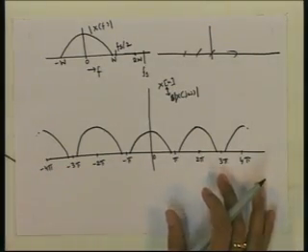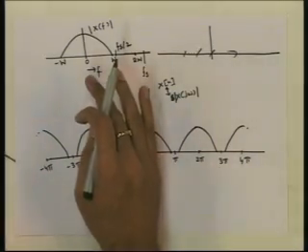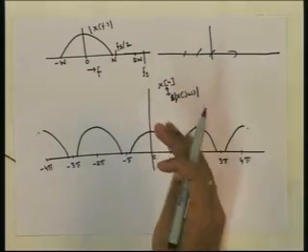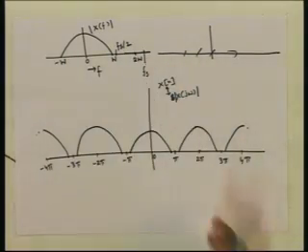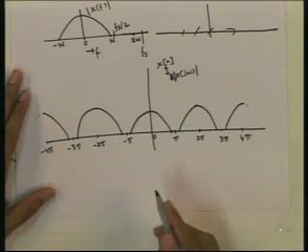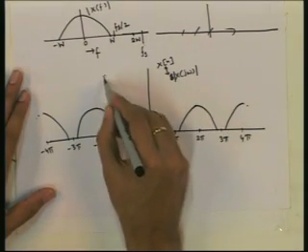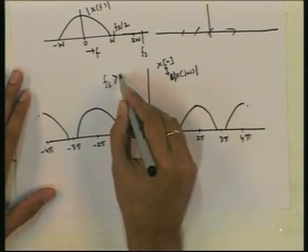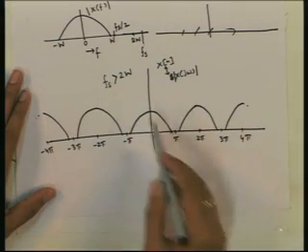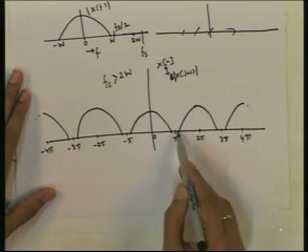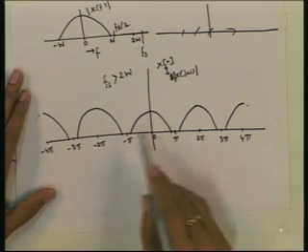On the other hand, if we sample the original signal at a rate less than Nyquist rate, that is, if Fs is below 2W, what would we get? So, this is the case when Fs is greater than 2W. If Fs is equal to 2W, these two will touch at pi, even then it is recoverable.